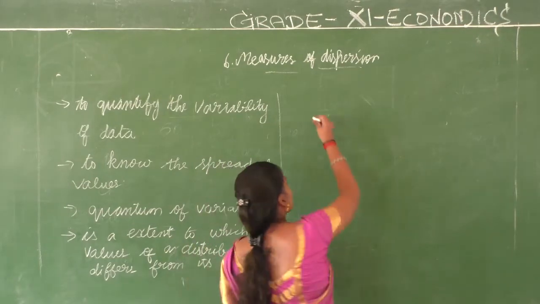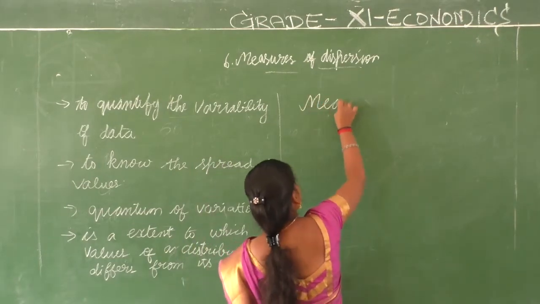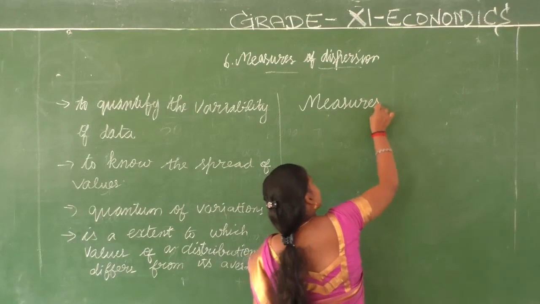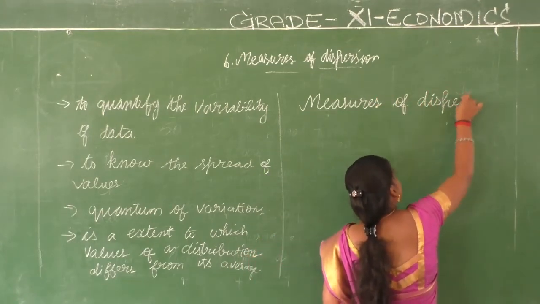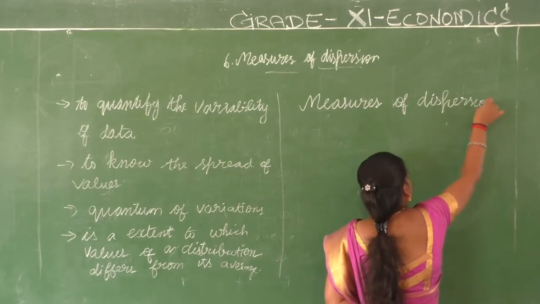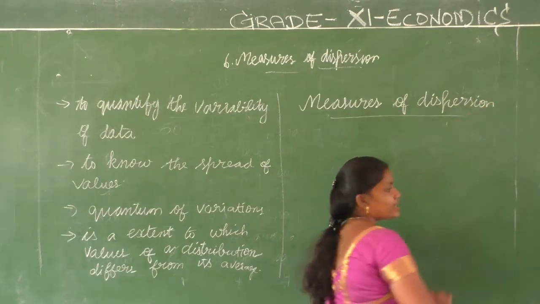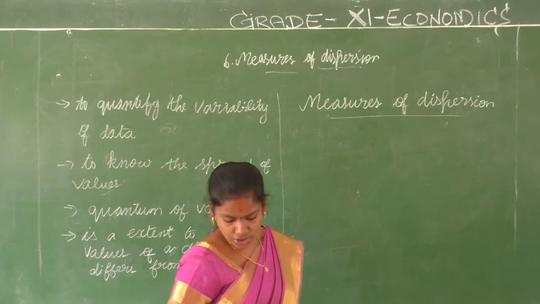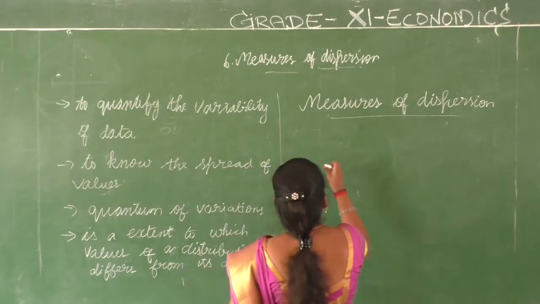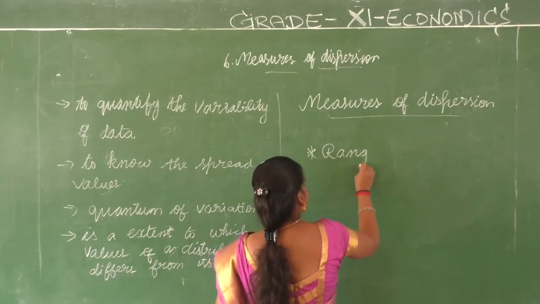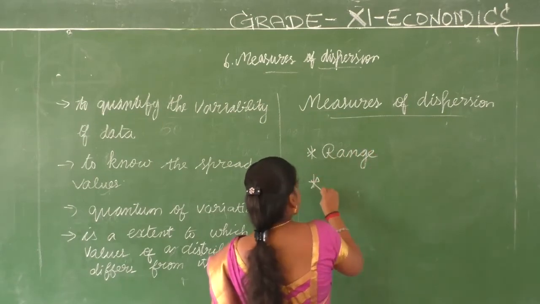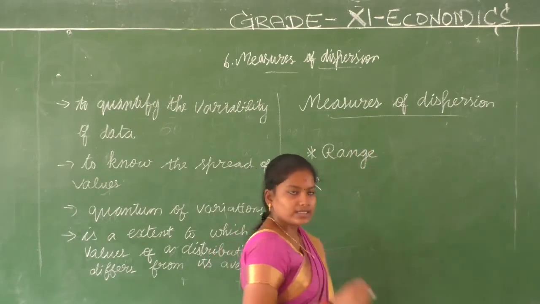So what are the various measures of dispersion? We actually have four measures of dispersion. First one is called the range, second one is called quartile deviation.